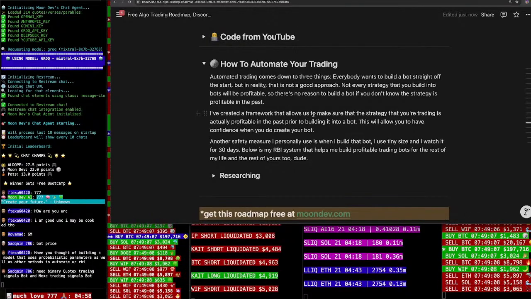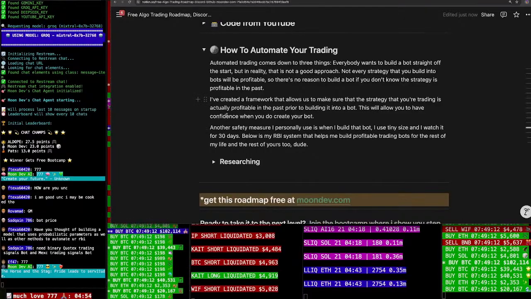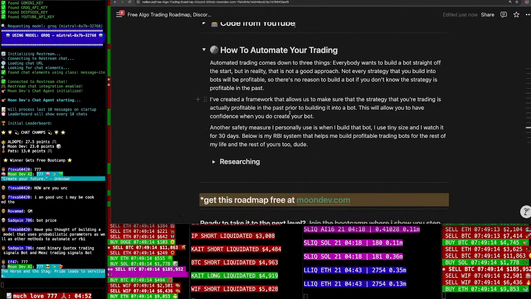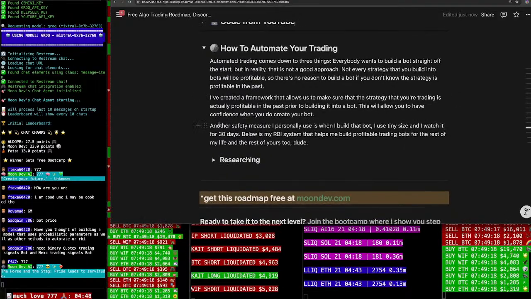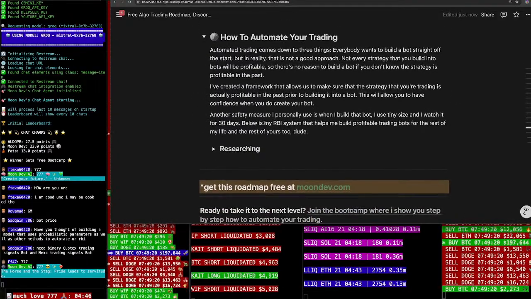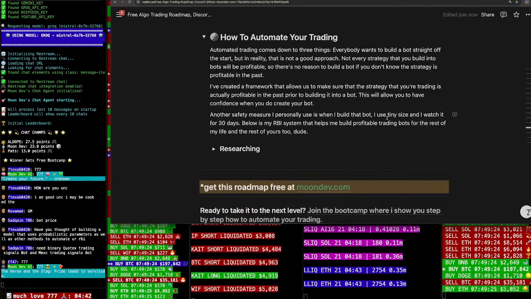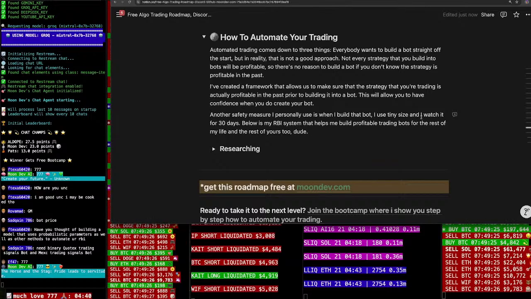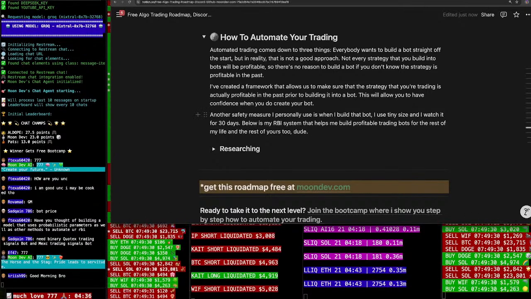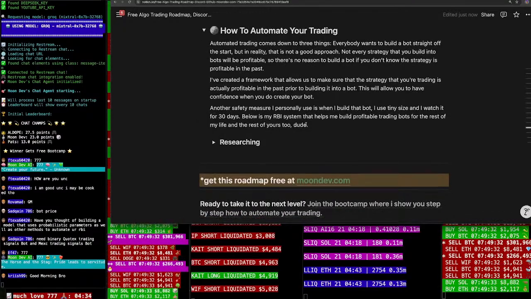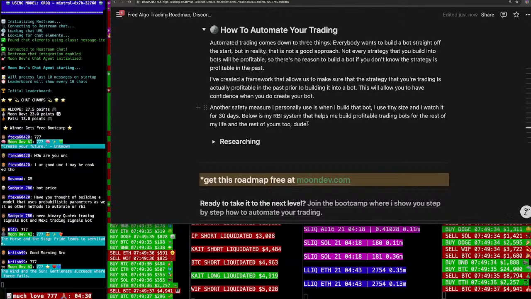I've created a framework that allows us to make sure the strategy is actually profitable in the past prior to building it into a bot. Another safety measure I use is tiny size and watching it for 30 days. Below is my RBI system.